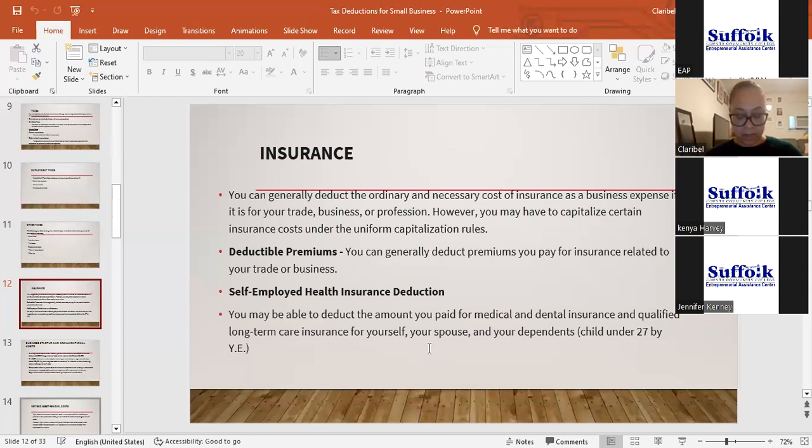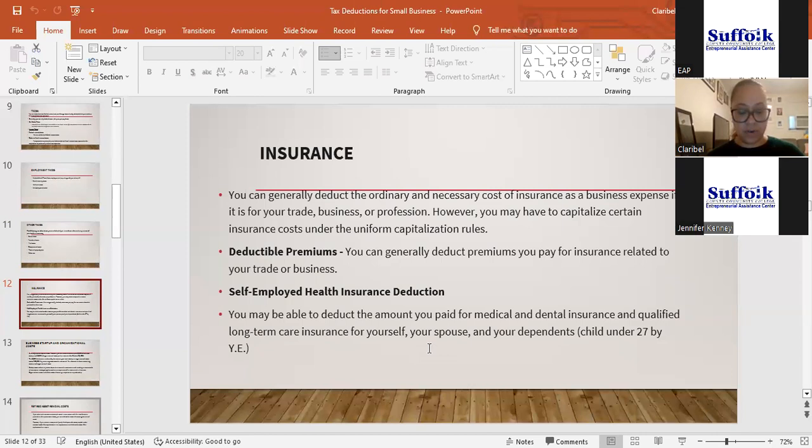Group hospitalization and medical insurance for employees, liability insurance, malpractice insurance, workers' compensation insurance. Overhead insurance that pays for business overhead expenses that you have during long periods of disability caused by your injury or sickness. Car and other vehicle insurance that covers vehicles used in your business for liability, damage, and other losses.